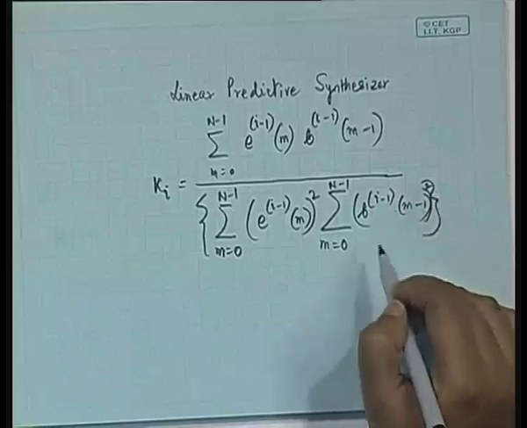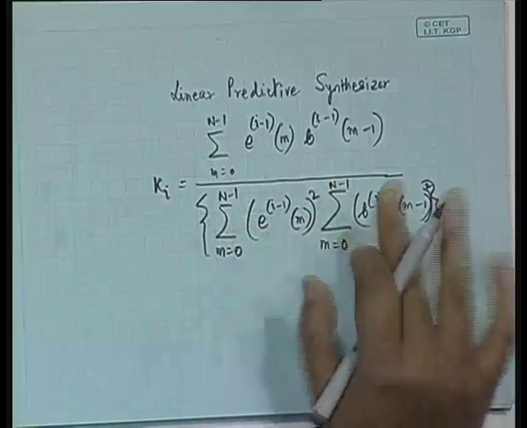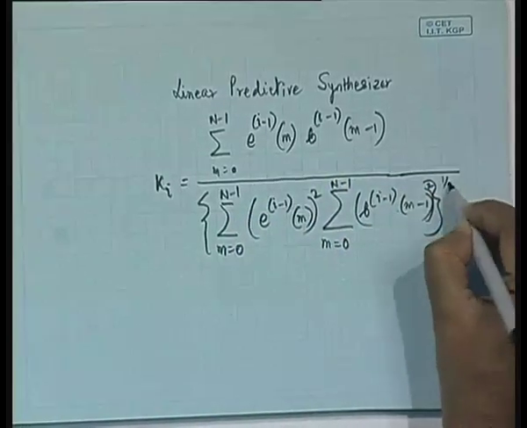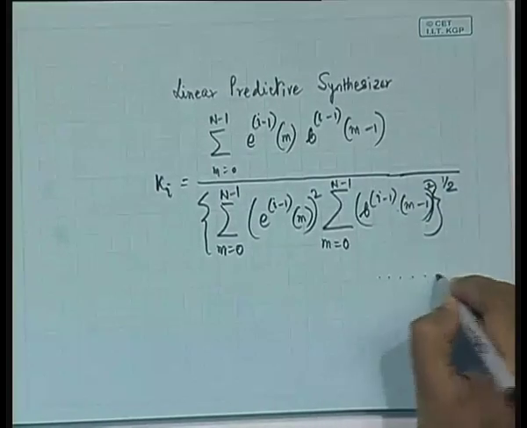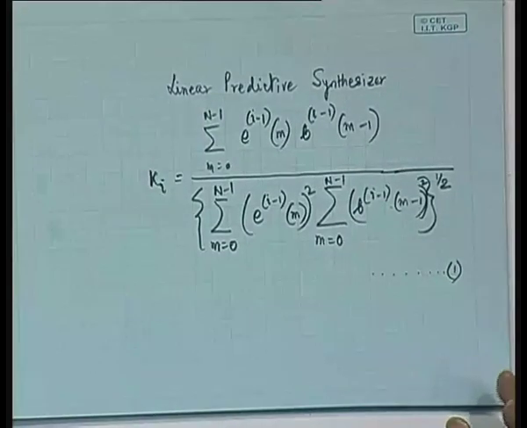Within the curly bracket is the product of two summed squared quantities, and the whole thing is raised to the power half. Let us call this equation number 1.